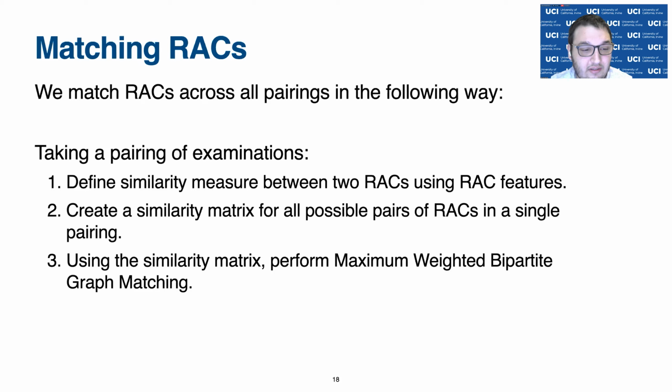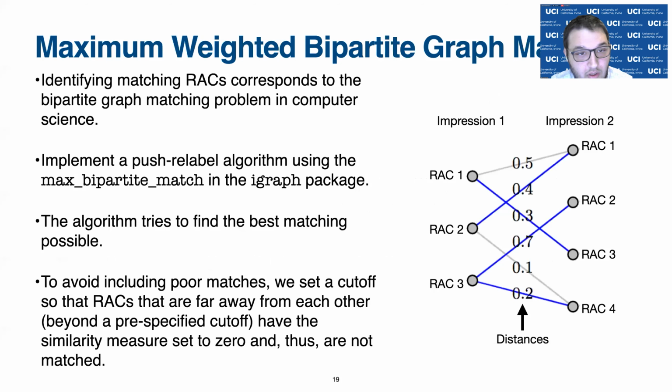Using this similarity matrix, we perform maximum weighted bipartite graph matching, which I will talk more about. The idea here is that we have 2 sets of data points, basically the 2 examinations, so this corresponds to a bipartite graph matching problem.